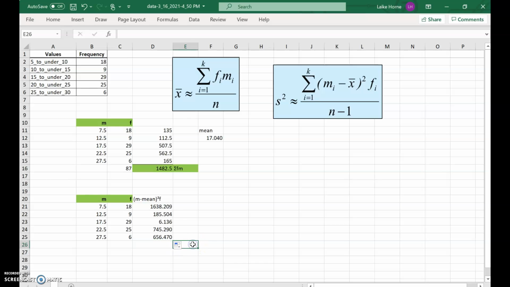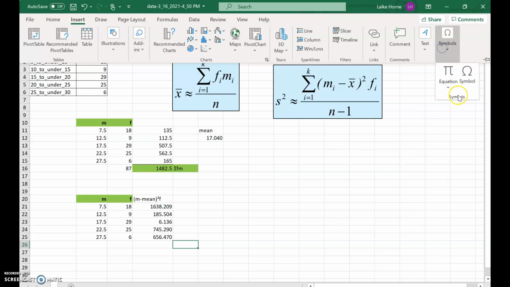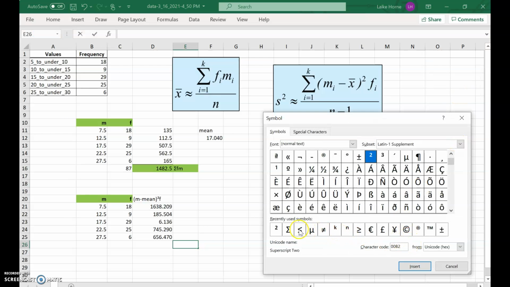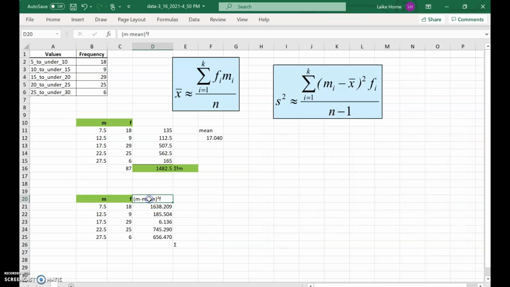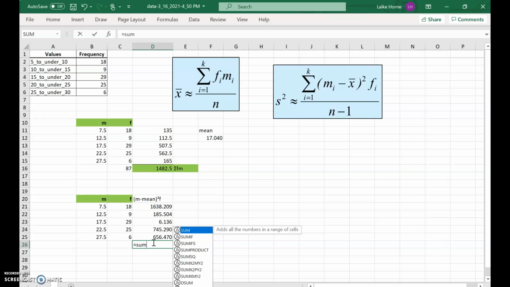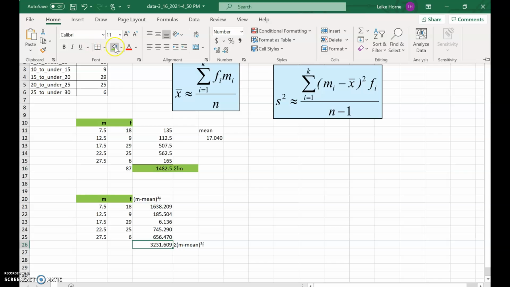Okay, and then I'm going to get the sum of these numbers. Okay, and then there's my number that I need for the numerator.